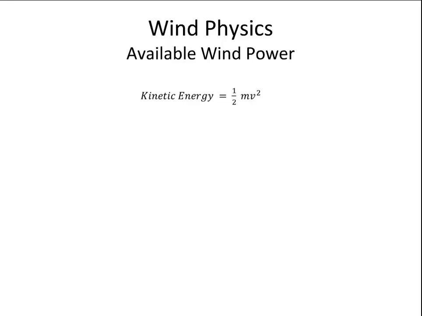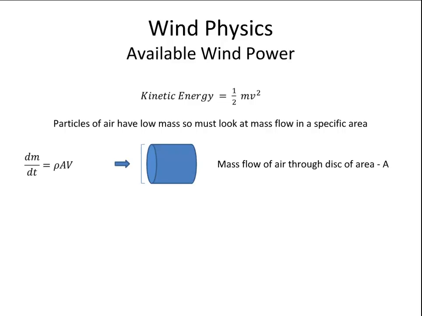I mean, I'm from Nebraska. There's a lot of wind, and I've had to lean into the wind many times walking on campus and other places. So we know that it has mass, but at the same time, it's hard to calculate that mass because it's so many little particles. And so we're not going to calculate individual air particles, so we have to look at it a different way from a wind perspective.